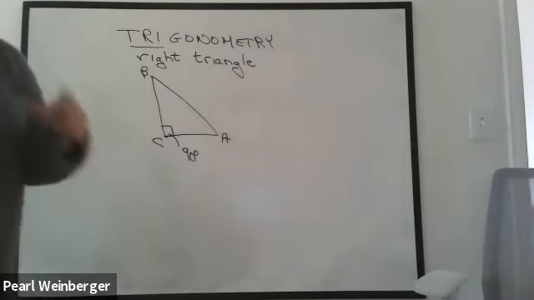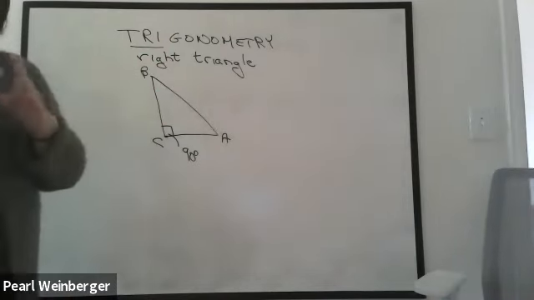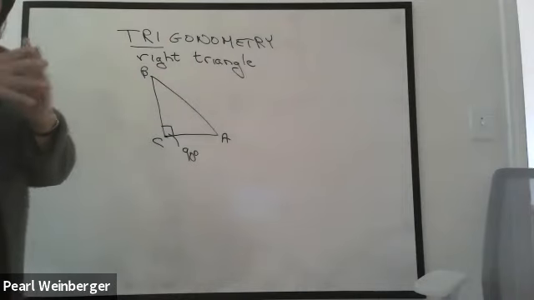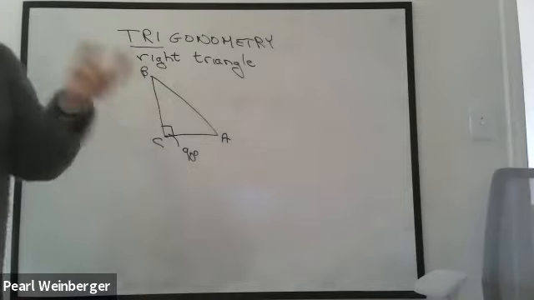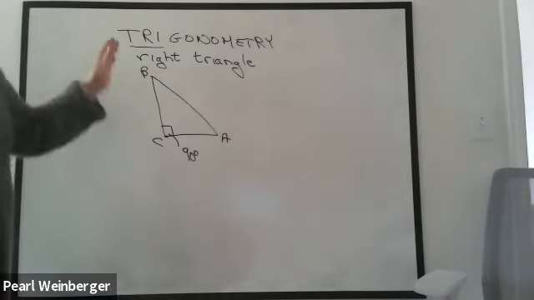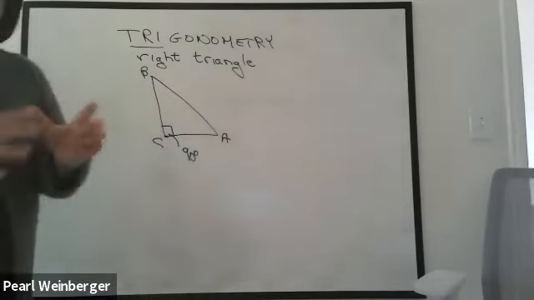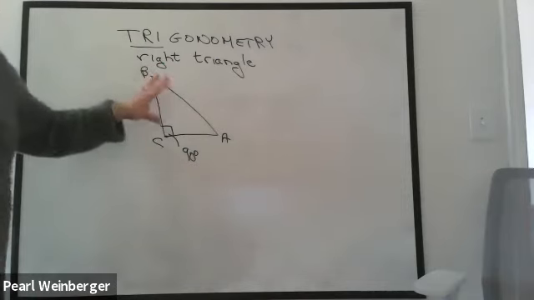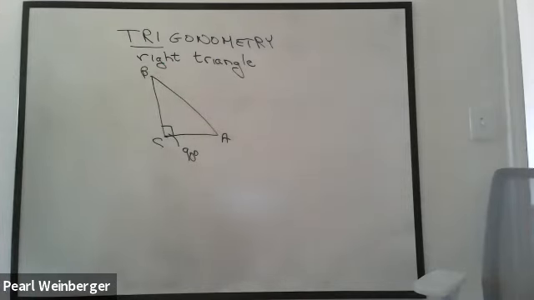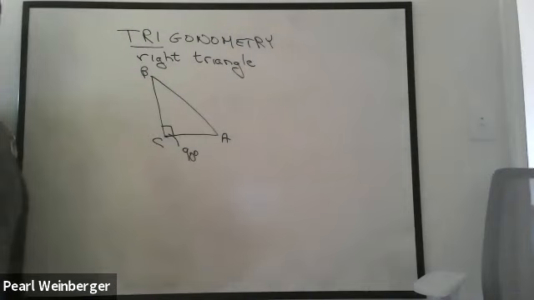You can't talk about a closed figure with less than 3 sides. If you only have 2 sides, you're not going to get any kind of figure. So a triangle is your most basic building block, and a right triangle is, again, basic to those basic ones. So that's what we're going to be talking about here.